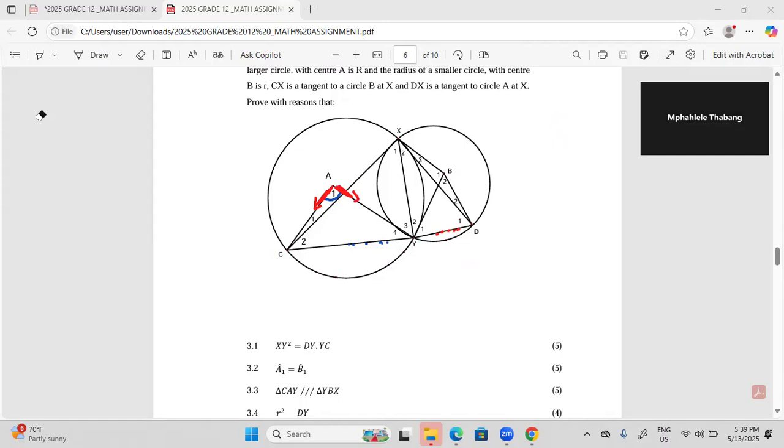So I'm going to look for the angle at the circumference which is subtended by the same chord CY. If you observe carefully, this angle X1, this line comes from C. Where does this line come from at the circumference?